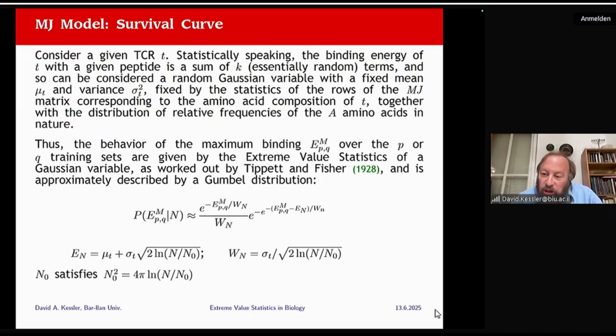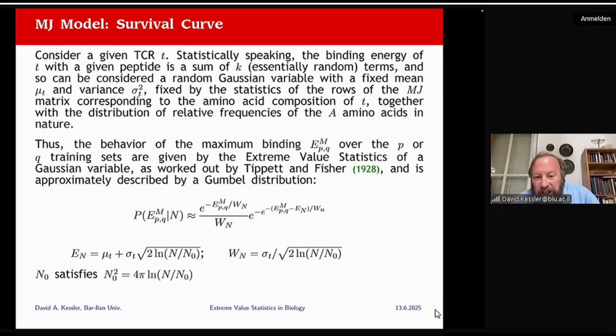And this was worked out back in the good old days, in the prehistory, in the actual birth of the field. The first papers on extreme value statistics were written by Tippett and Fisher, and the major problem they were looking at, even though they did extreme value statistics in all its generality and the different classes, the thing they mostly studied happened to be the extreme value statistics of the Gaussian variable, and it's in the Gumbel universality class.